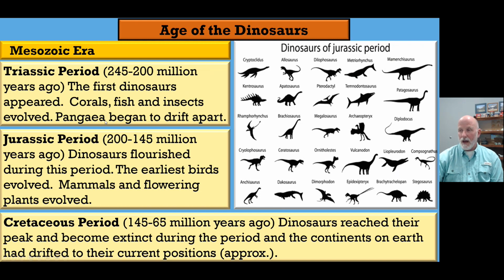Okay, if you break these time periods up, the periods in the Mesozoic era, the Triassic period is when dinosaurs first appeared. The Jurassic period was when the dinosaurs flourished, and most of the kids really know that name. Then the Cretaceous period is when the dinosaurs start dying out.